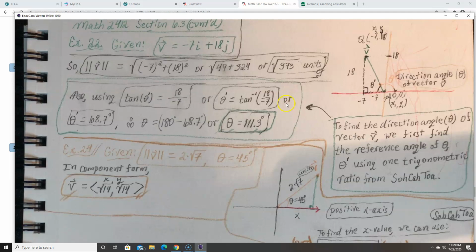Now we go to our calculator and make sure we're in degree mode.